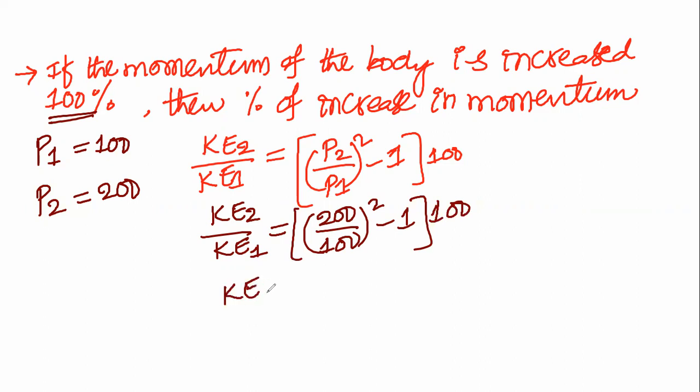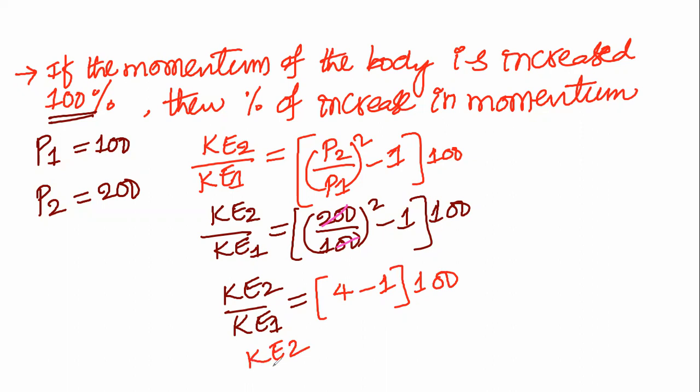The two zeros get cancelled. 2 whole square means 4. 4 minus 1, into 100. Therefore, KE2 divided by KE1 is equal to 4 minus 1, 3.